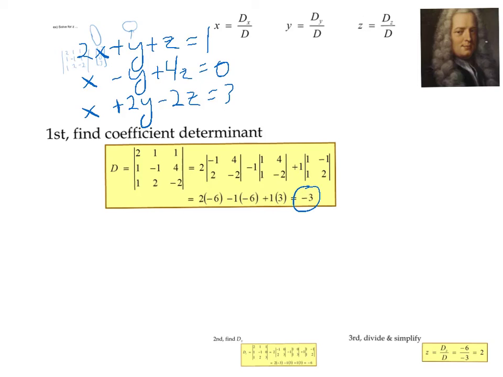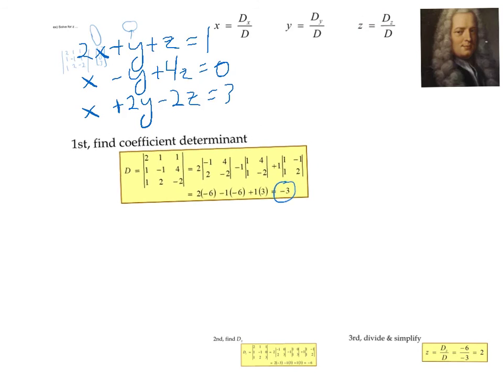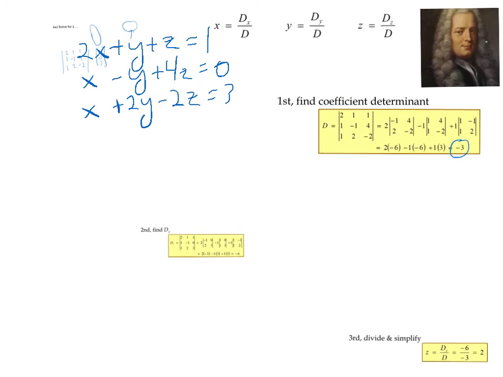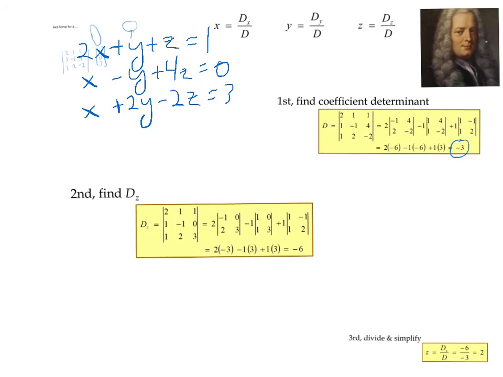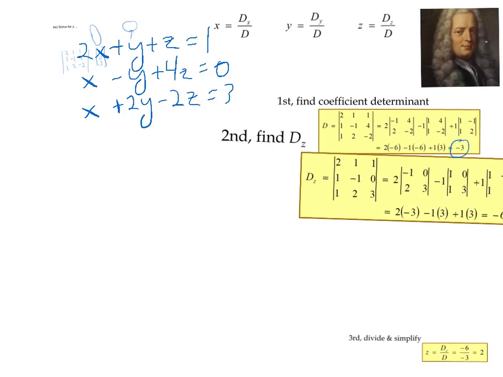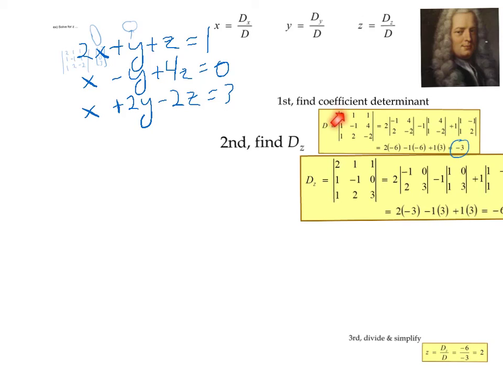What's next? Well, we need to find the d sub z. Don't forget, this is what we're trying to find up here. So we have the denominator. Now let's find the numerator. There's the coefficient determinant. Here is the d sub z. So notice what we did here. The x column stays the same, the y column stays the same.